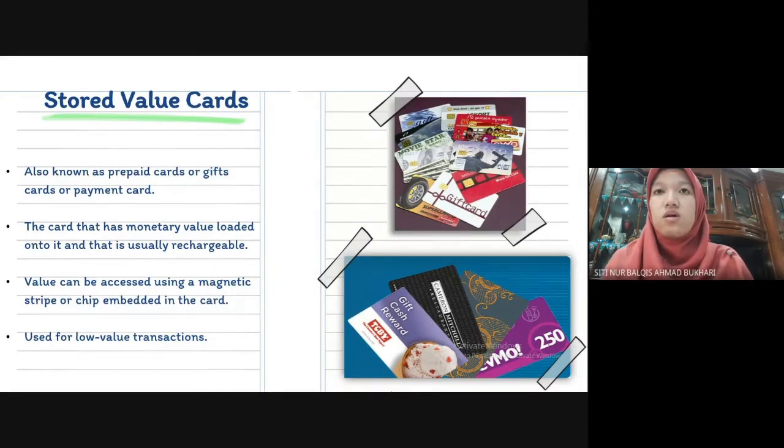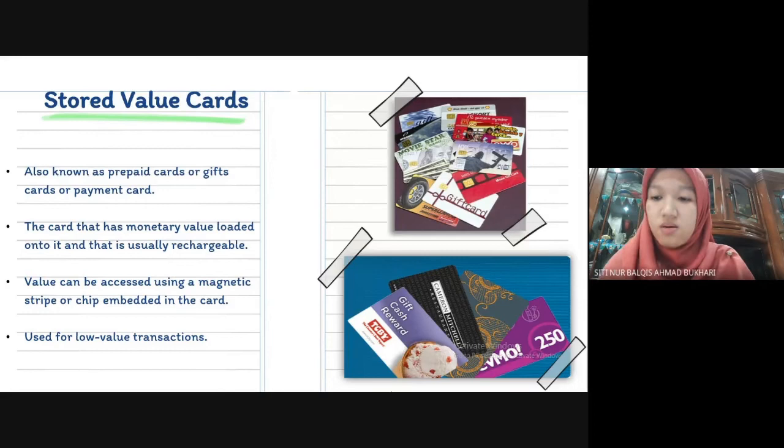Store value card ni ada mempunyai nilai duit dalam dia, dan usually is rechargeable, and then value can be accessed using a magnetic stripe or chip embedded in the card, and usually used for low value transaction.